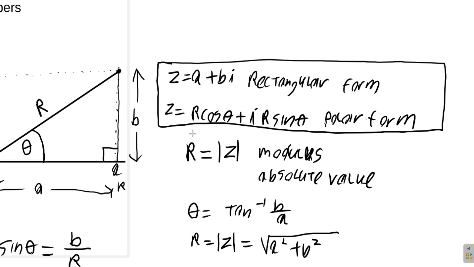Z equal A plus BI is the rectangular form. Z equal to R cos theta plus I R sin theta is the polar form. Okay, you can calculate R by saying square root of A squared plus B squared. Right? And theta is tan inverse of B over A.